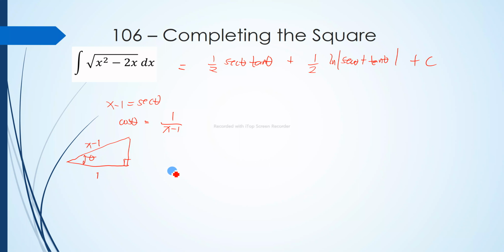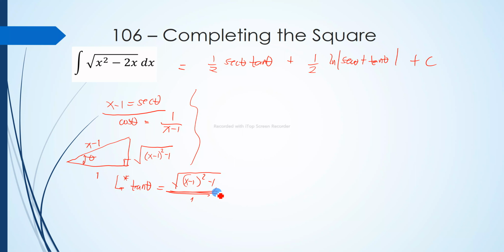The other leg is the square root of x minus 1 squared minus 1. From these values, we know that secant theta is just equal to x minus 1, and tangent theta is opposite over adjacent, which is the square root of x minus 1 squared minus 1 over 1, or simply that.